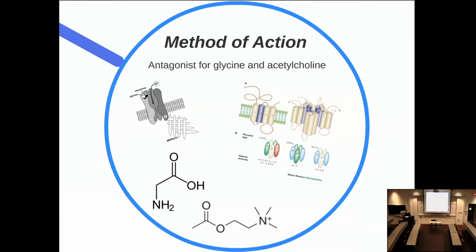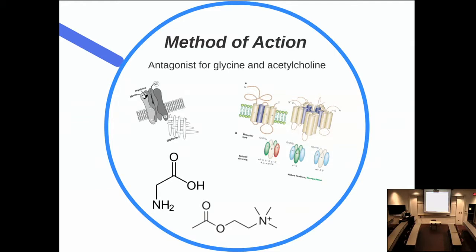So it's an antagonist for both glycine as well as acetylcholine receptors. If we zoom in on the glycine receptor, the molecule shown on the very bottom is acetylcholine with that positively charged nitrogen. The other molecule shown on the bottom there is glycine. So those receptors are targeting those two molecules, and it affects the receptors for both of them.